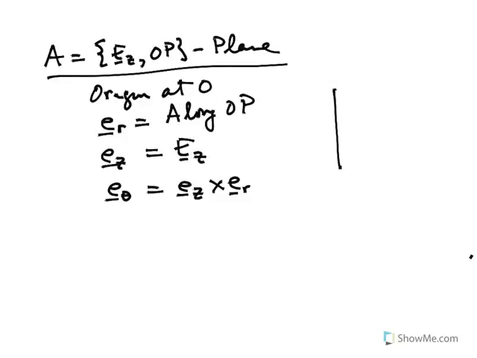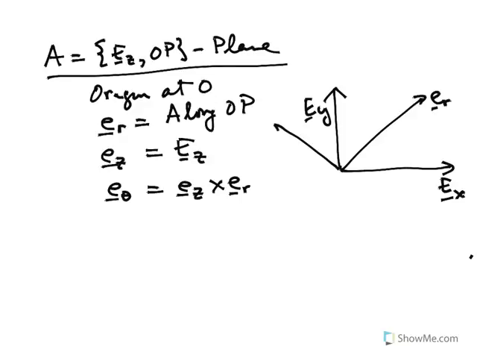So this picture is going to be similar to the picture that was drawn for the previous example, where we have EX, EY, and then ER and E theta. And then EZ is the same thing as little ez. And then the angle is theta.